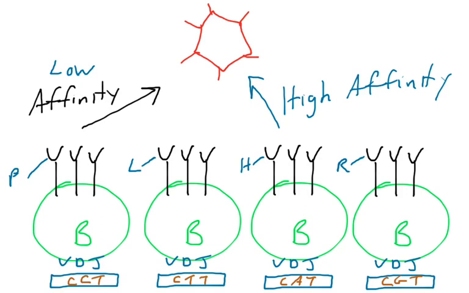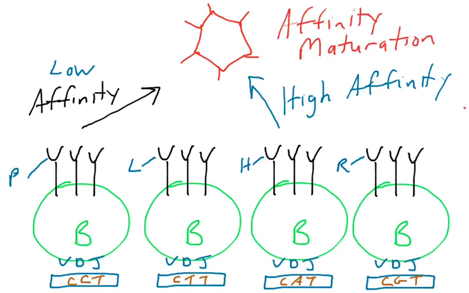The high affinity versions do, and that's why we call this process affinity maturation. Mutating random nucleotides in the heavy and light chain will change amino acids, which will change the affinity for the antigen. And so the one that has higher affinity gets to survive and move on to the next step.